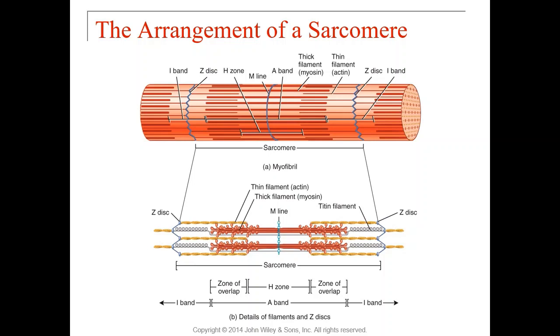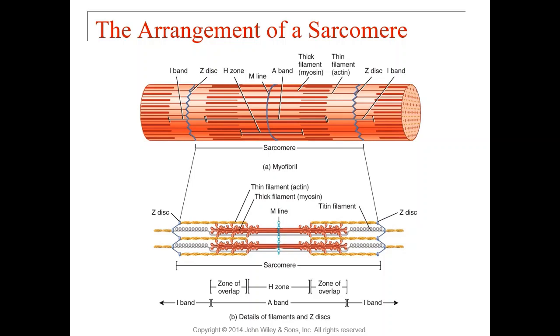You see this long, thick, red rod-like structure attached to the M line. That's yet another protein. It's really thick compared to the thin actin filament, so it's called a thick filament. It also has a specific name. It's called myosin. So myosin uses the M line for structural support.